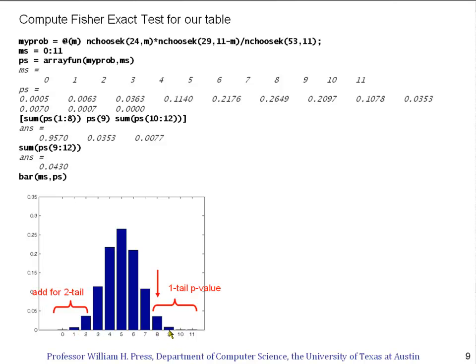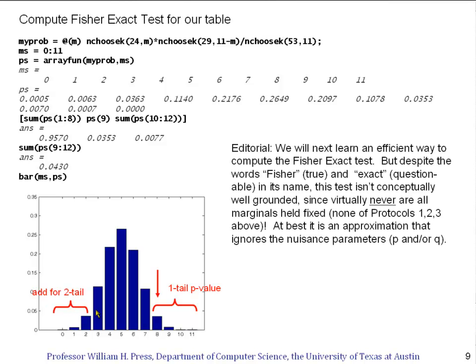Well, you might say that you want to add just 3 bins that are more extreme on this side, so I'll add the first 3 bins, as I've showed here with this brace on this side. Or you might want to say that you should include this 4th bin because it said as extreme or more extreme, and you'll see that makes a huge difference, because in this numerical example, that 4th bin in a two-tail test has a lot of probability in it. So there are these little ambiguities lurking that we're going to come back to.